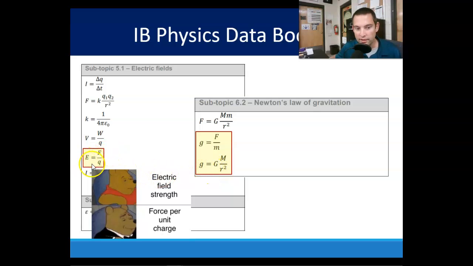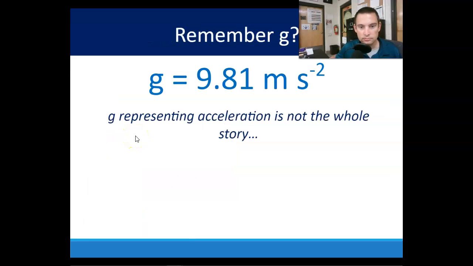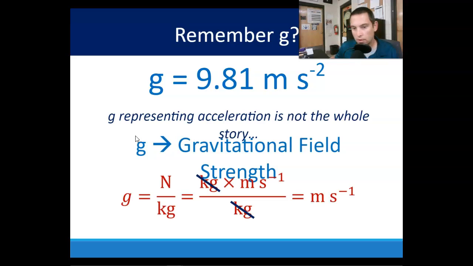Same thing for the electric field. Not electric field strength, but the force per unit charge. If we take Coulomb's law and we plug it in for F, we're going to get kQ over r squared. Representing acceleration is not the whole story. Lowercase g is the gravitational field strength. It is the force per unit mass.